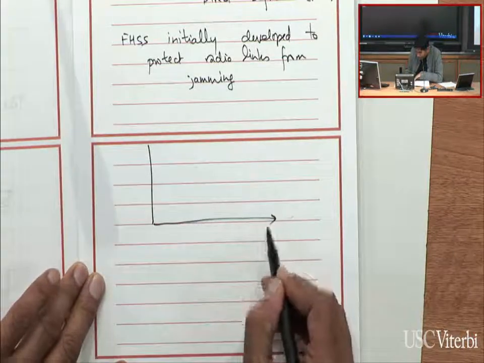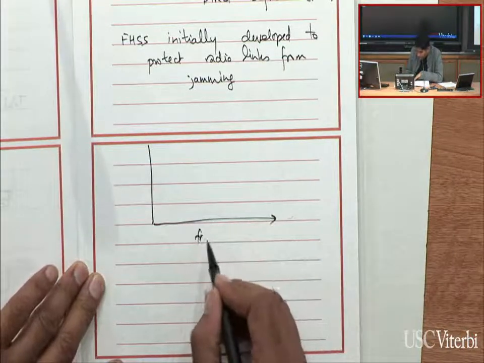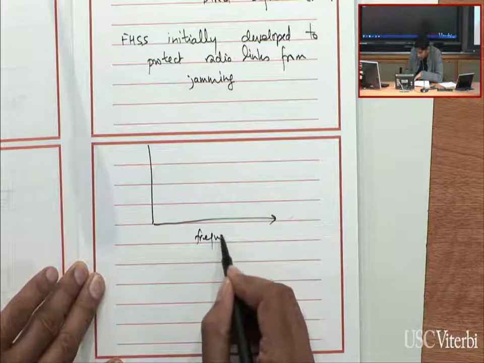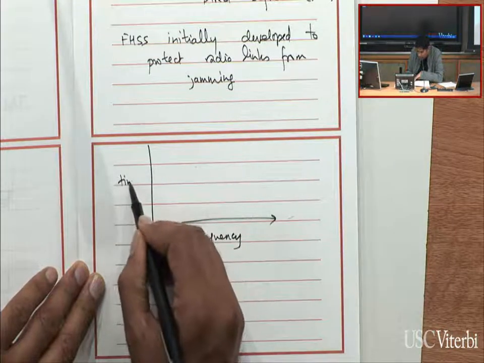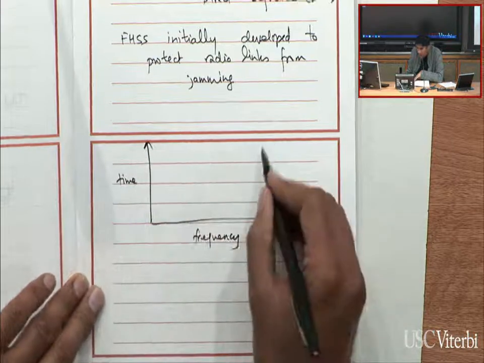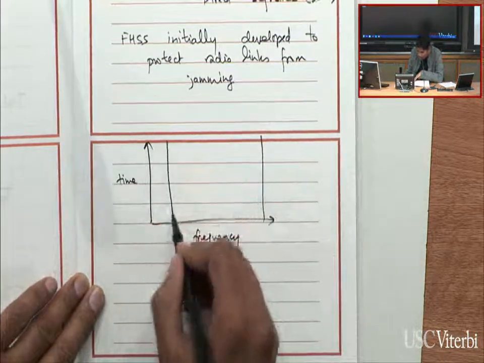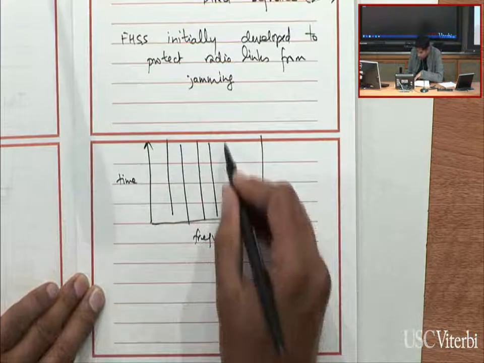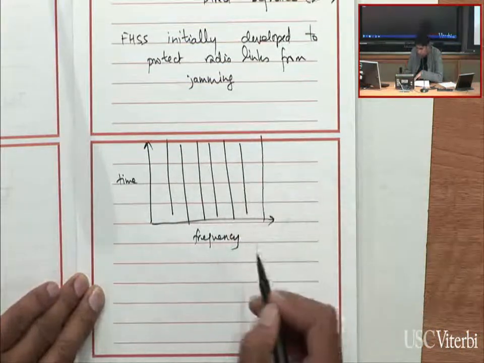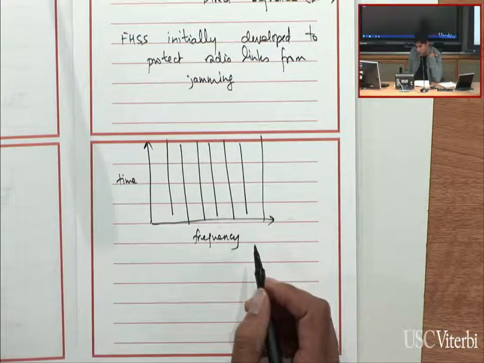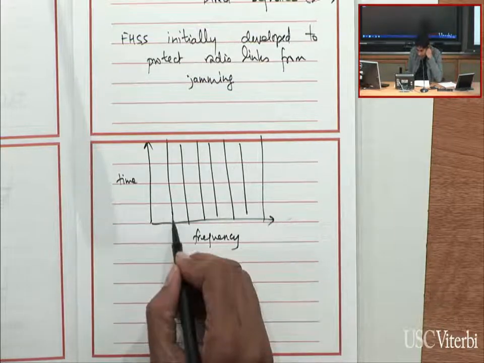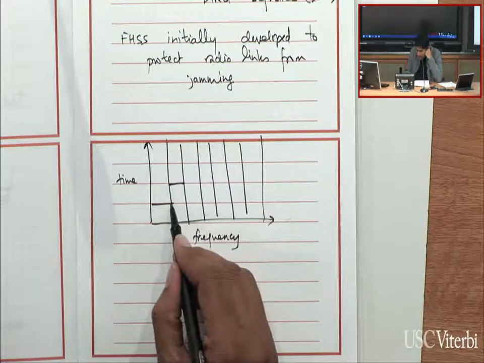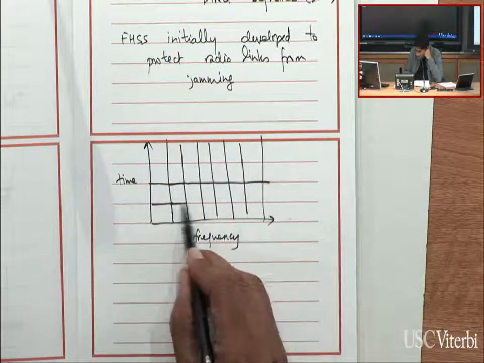You're describing, for example, your communication as happening over a set of frequency channels and over time. So imagine that you split your data across many different frequency channels, and at each time you pick a different channel to occupy.